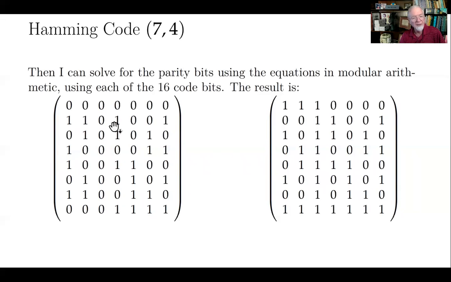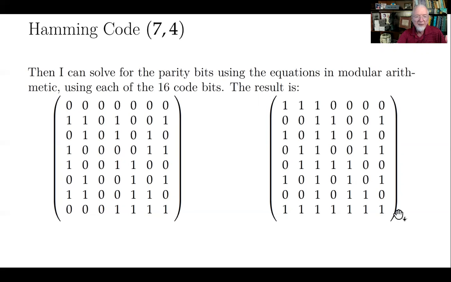I did the calculation in my head. Wow, that's amazing. I never do arithmetic in my head. Anyway, these are what all the codes are. C1 is a parity code, C2 is a parity code, and C4 is a parity code. These are all the code words, and there's 16 of these from 0 through all ones.